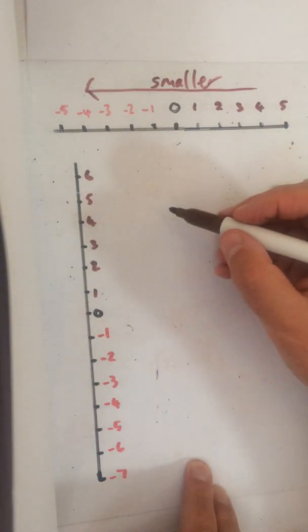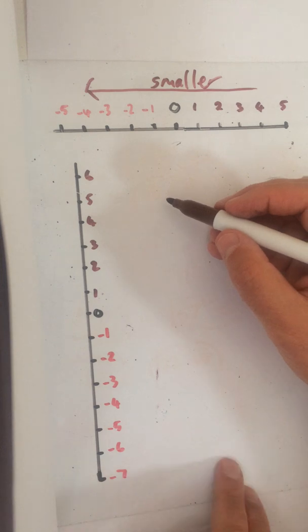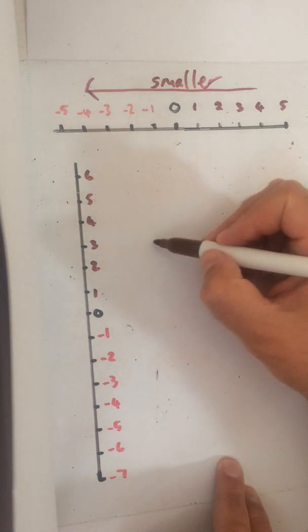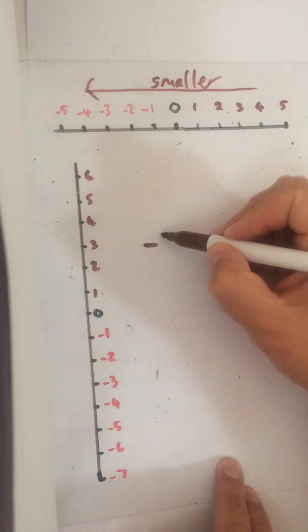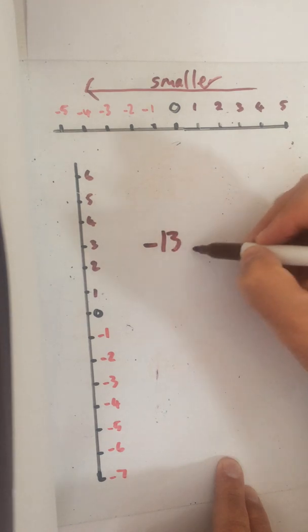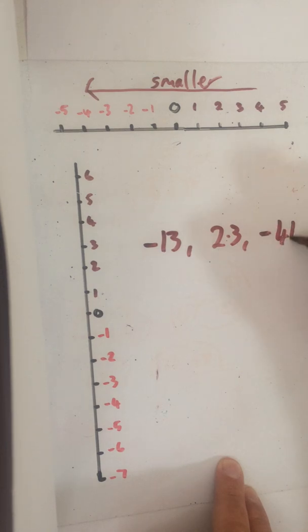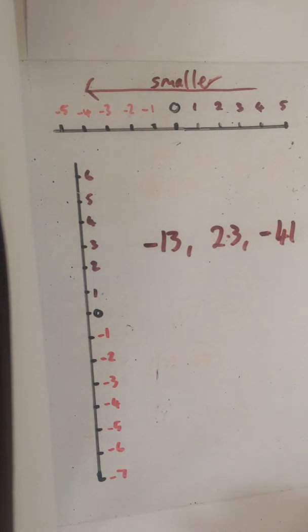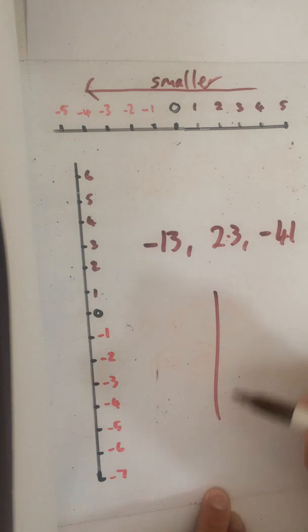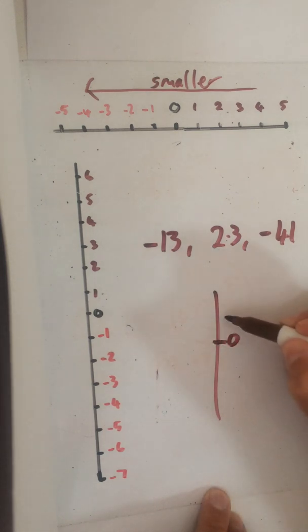What about this one? Let's have a look at this one. Say for example we've got -13, we've got 2.3, and then we've got -41. Which is the smallest number? I can see straight away, even if I'm not too sure, I can mark my 0 here.